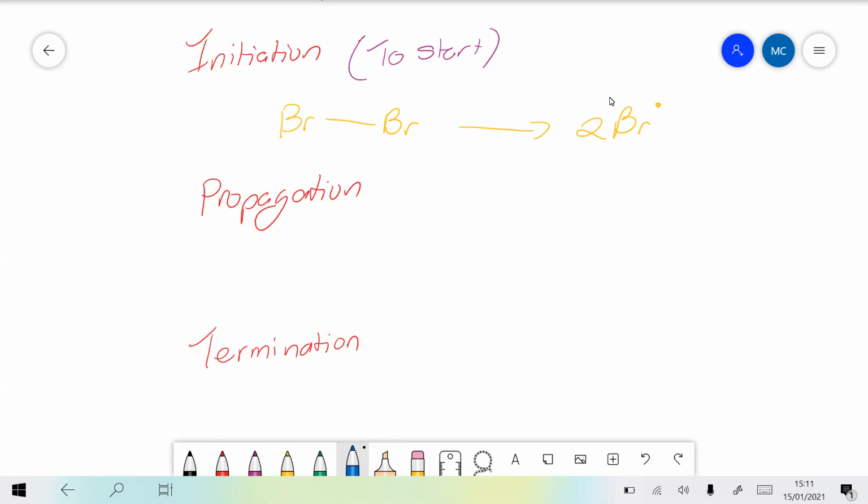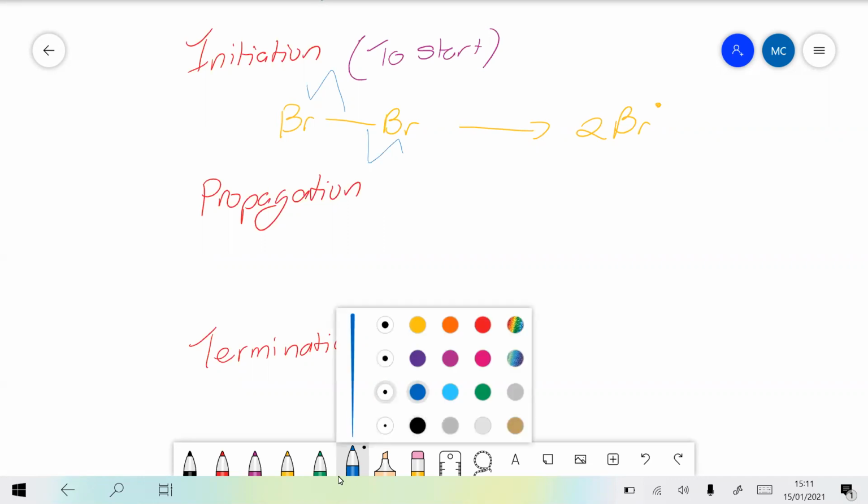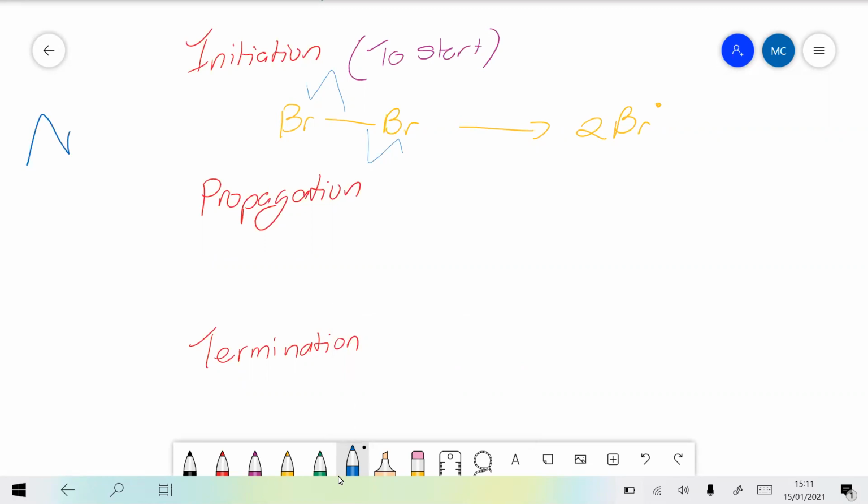This bond breaks via a homolytic fission where each electron will go to different atoms. Hetero, different, lytic, breaking. So you're breaking it to go to different atoms. And it's important to note that this arrow represents transfer of one electron.